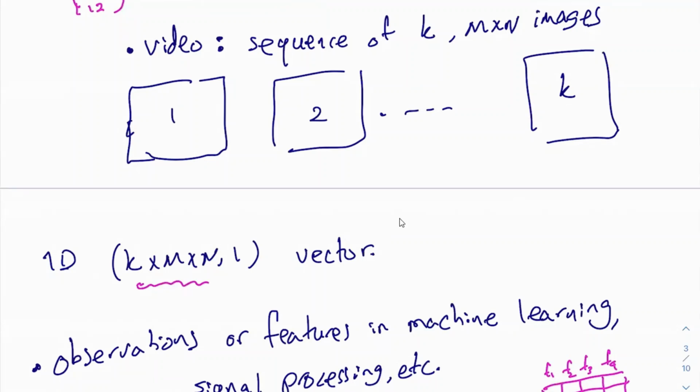Vector is 1D, I wrote it here, 1D, right? You know that the number of elements should be preserved. We are not looking for any lossy transformation here right now. So the number of elements should be preserved. You have a column vector, so the number of columns is 1, right? So the number of rows should be, you have k images, each one is m by n, should be k times m by n, right?